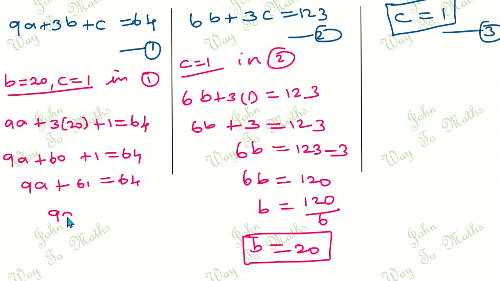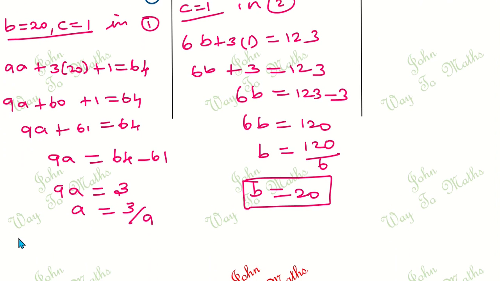So 9a is equal to 64 minus 61, which is 3. So a is equal to 3 by 9, which is 1 by 3, since 1 3s are 3 and 3 3s are 9. Therefore a is equal to 1 by 3, b is equal to 20, and c is equal to 1.